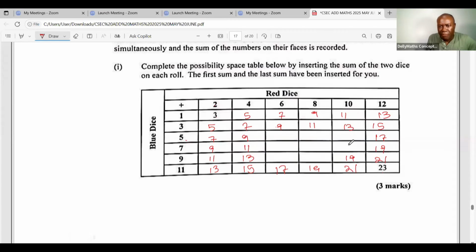So you just add them up. You fill that out and you make sure that you're not making any error as you go along. It's just the sum you're adding up, and you're good after that. So we do that, we would have gotten 3 marks to complete the table.